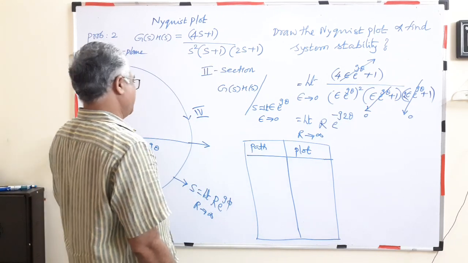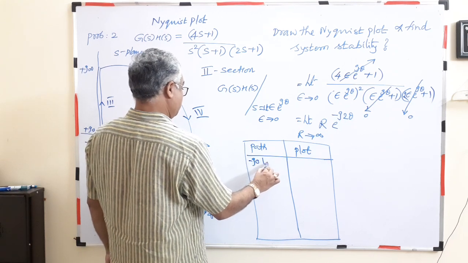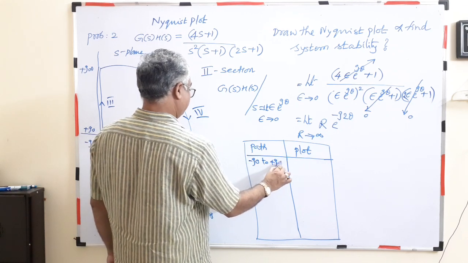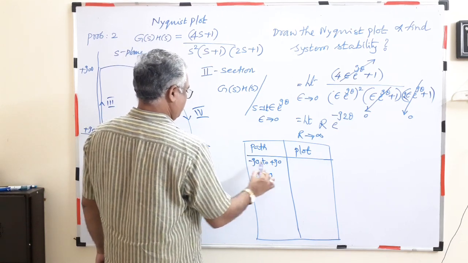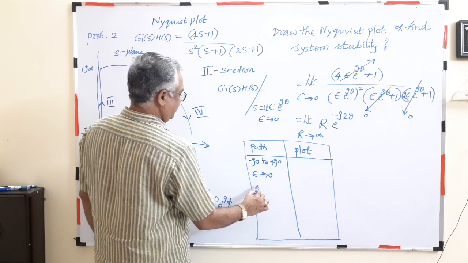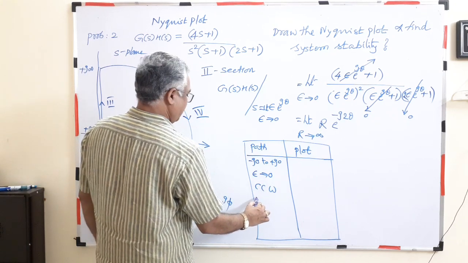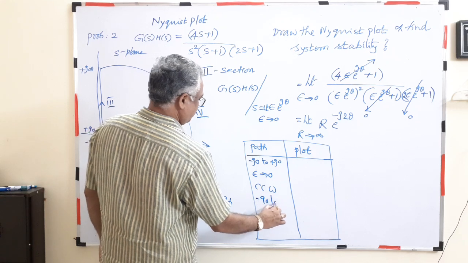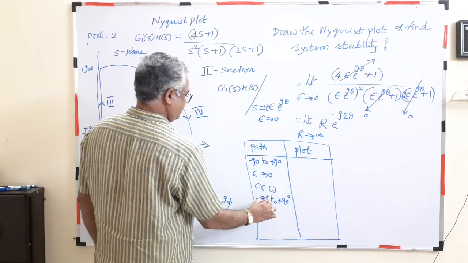What is the path summary? Minus j0 to plus j0. Epsilon tends to 0. Rotating in counterclockwise direction. Angle minus 90 to plus 90 degrees.